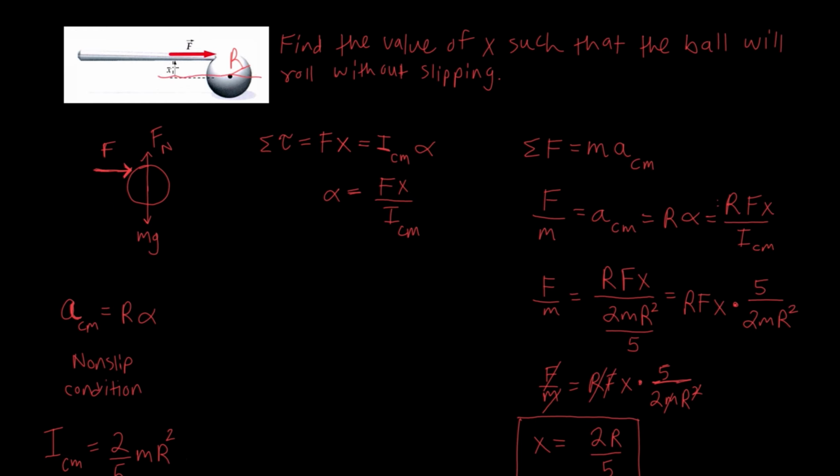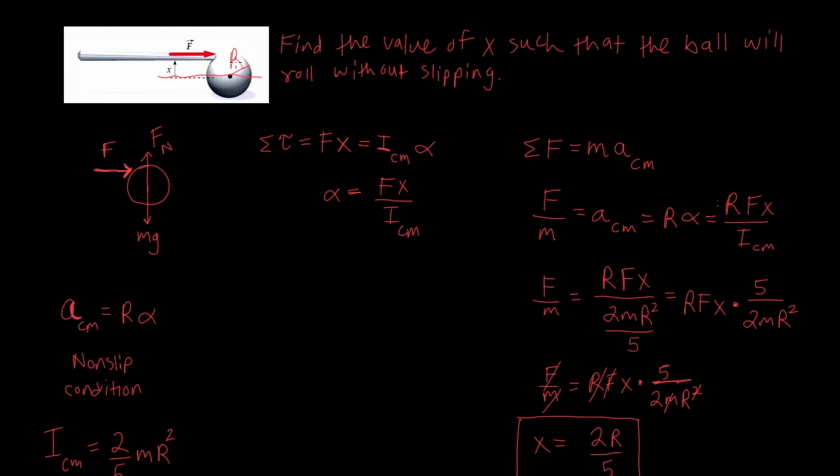The value of x is just the distance above this red line that I just drew right here. So the variable x represents how far above this horizontal red line we would have to strike the ball in order to get the ball to roll without slipping.